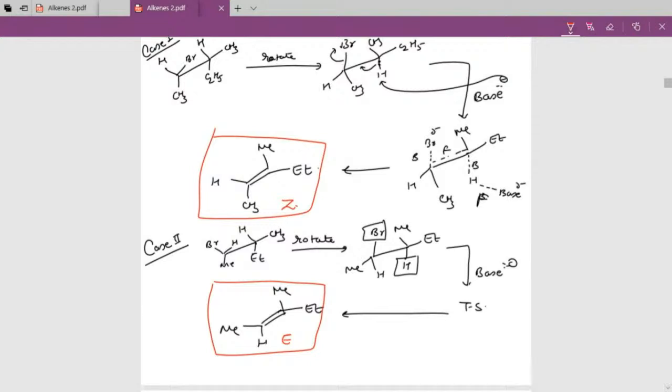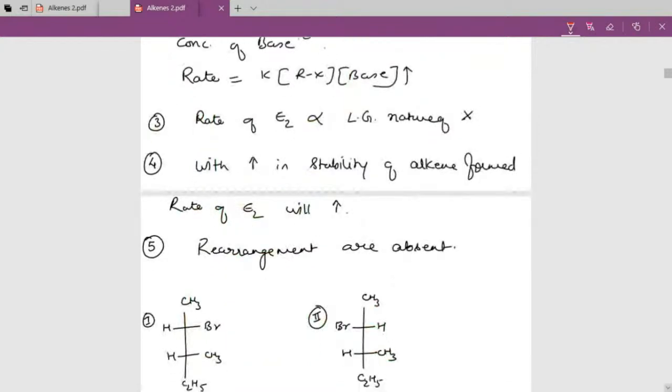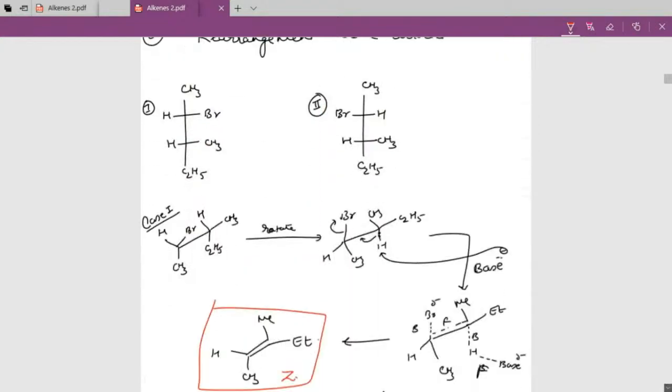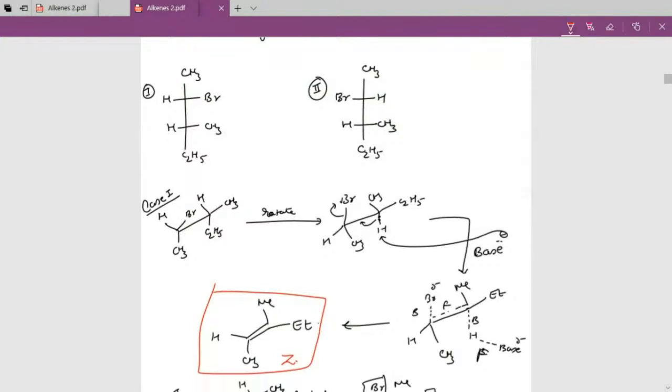Okay. Now, as we have seen, I want to tell a shorthand. If you like, you can use it, or else you can go by the standard method that I have just discussed.